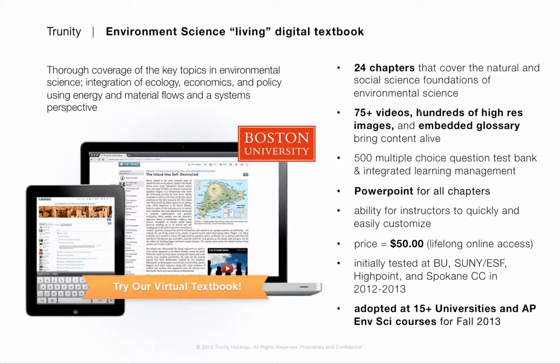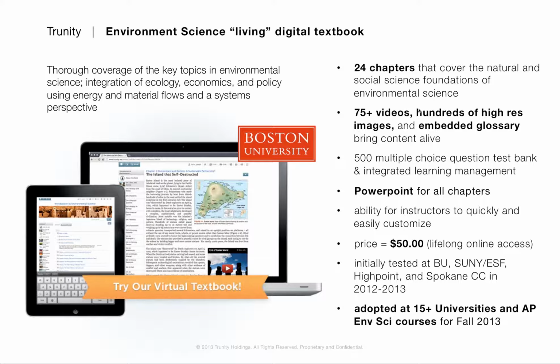We have videos, lots of videos, hundreds of high-resolution images, an embedded glossary, and other features that you'll see which really bring content alive. We have a large multiple-choice question test bank that's integrated into this learning management system that I'll demonstrate. We have other resources for instructors, which I'll also demonstrate, including PowerPoint and assignments and so on.